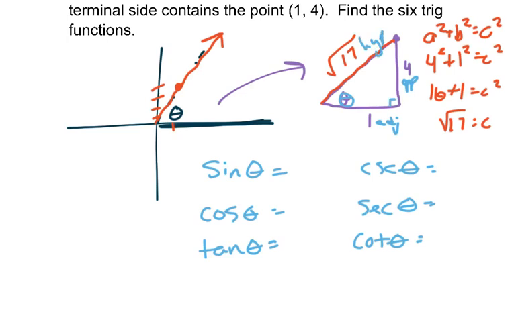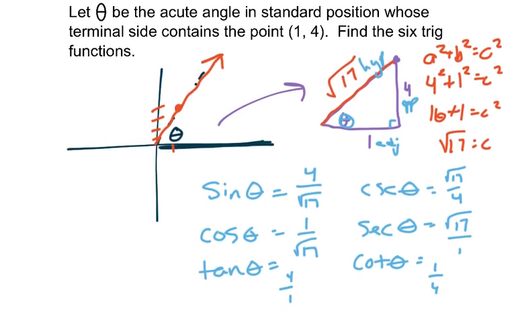And so our sine is going to be opposite over hypotenuse, so 4 over the square root of 17, and then of course the flip over here for cosecant. Cosine is going to be 1 over the square root of 17, and then the flip for secant. And then tangent is going to be opposite over adjacent, so 4 over 1, or 1 over 4 for cotangent.